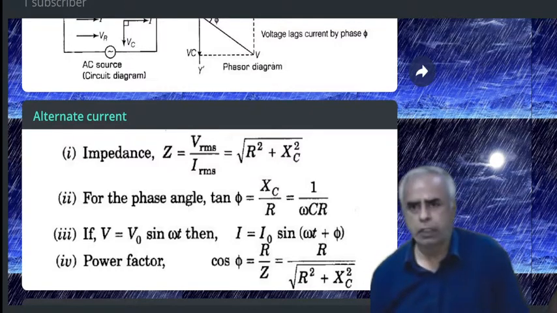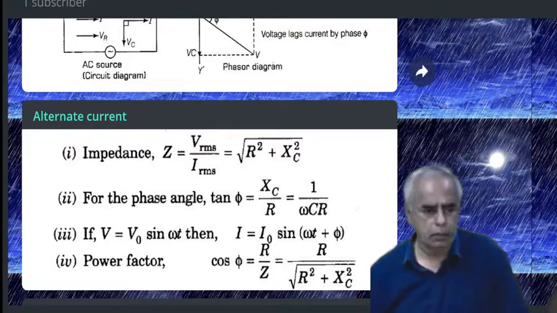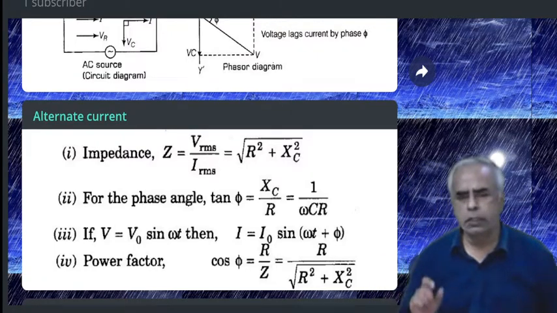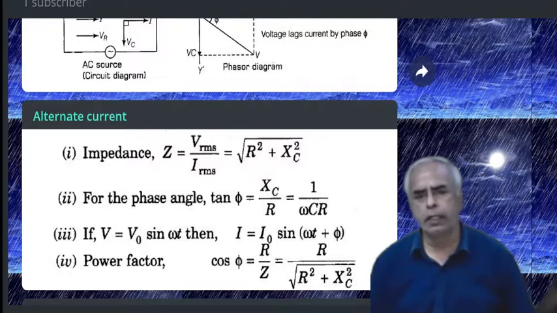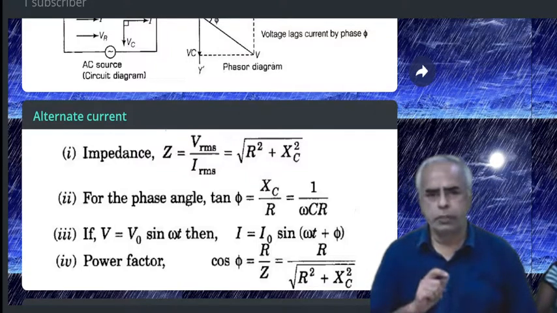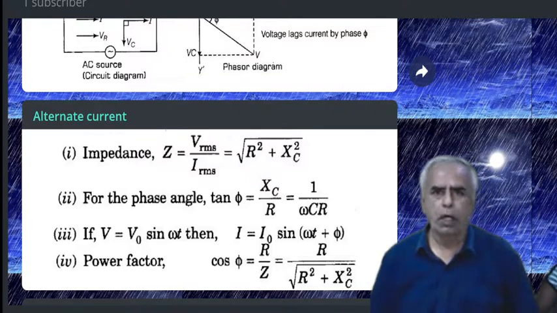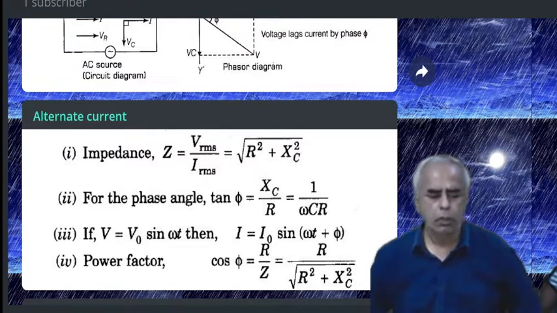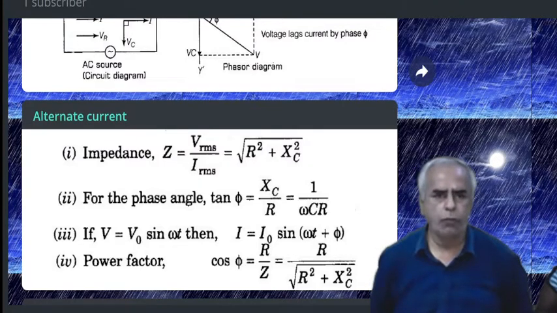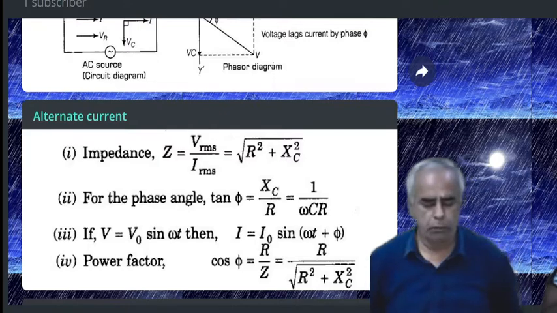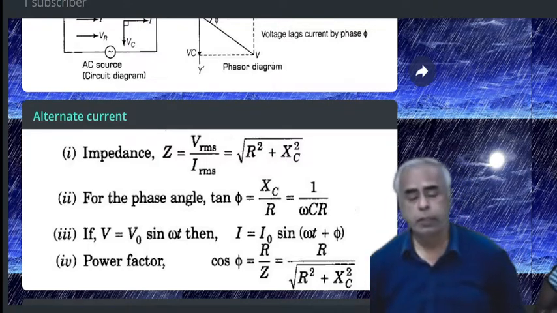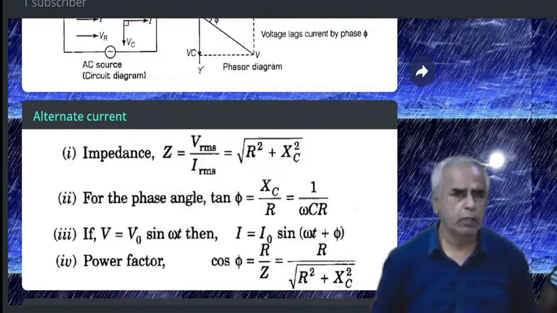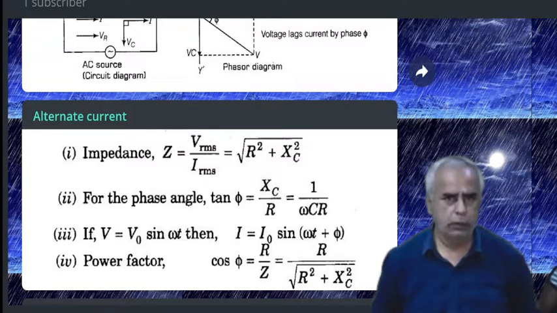Since it involves only a capacitor and resistor, we consider R and XC. So Z is equal to Vrms. RMS means root mean square value of voltage. Similarly, Irms is the root mean square value of current, okay?